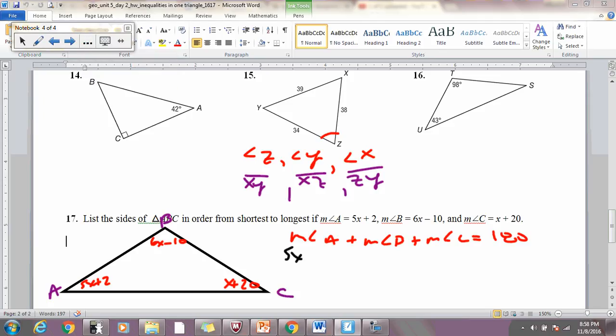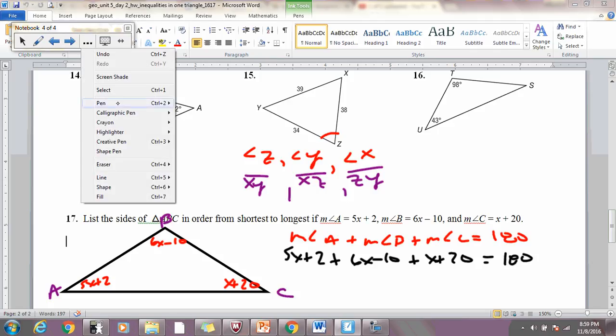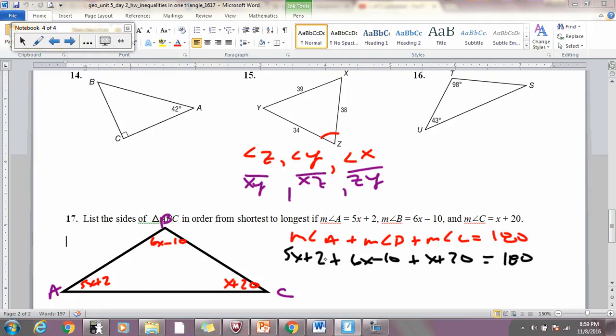So we'll have 5x plus 2 plus 6x minus 10 plus x plus 20 equals 180. Now combine all of our x's. 5x and 6x is 11x plus x, 12x. Then our constants, 2 minus 10 is negative 8, plus 20 is plus 12. Carry down the equal sign and the 180.